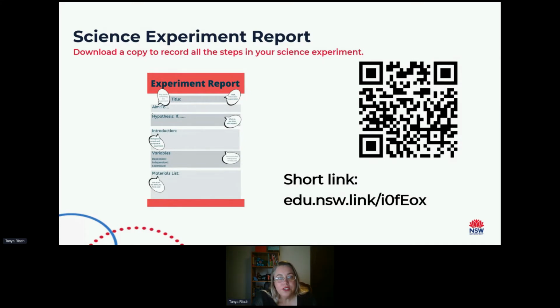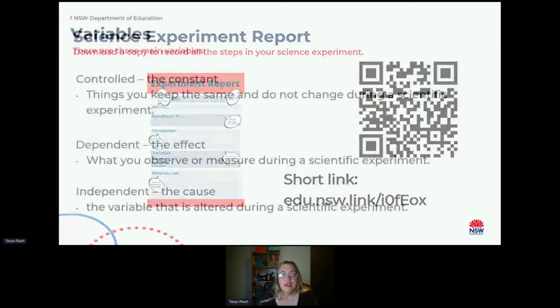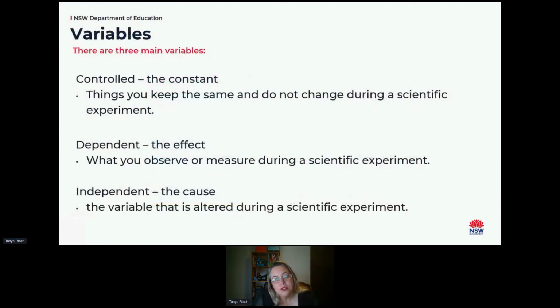We had the students write the experiment up in a formal way because we were really looking at the variables that they were using. So we wanted to make sure that when they were completing their bread mold microbit experiment, that they looked at what the controlled variables were, things that they kept the same, things that they didn't change during that experiment.